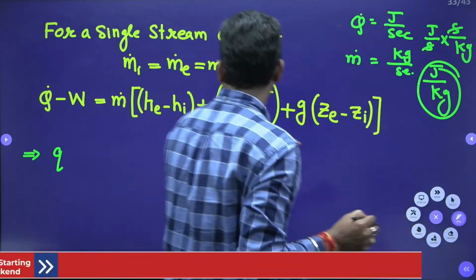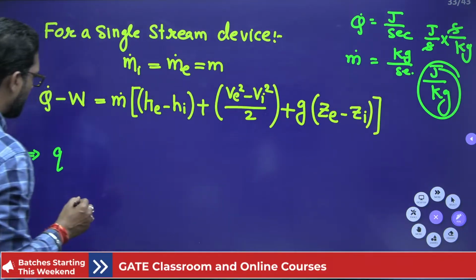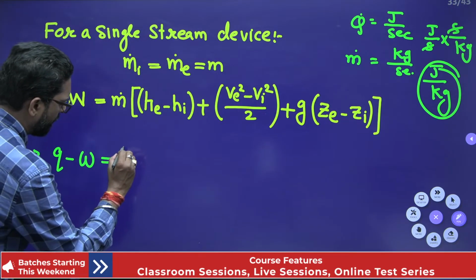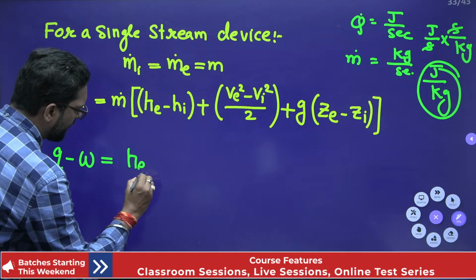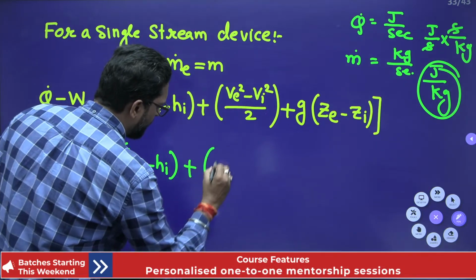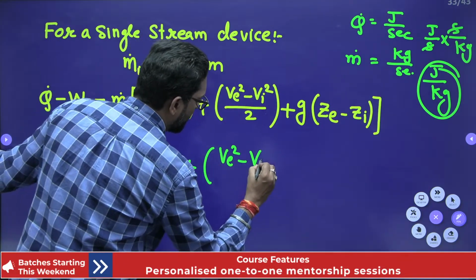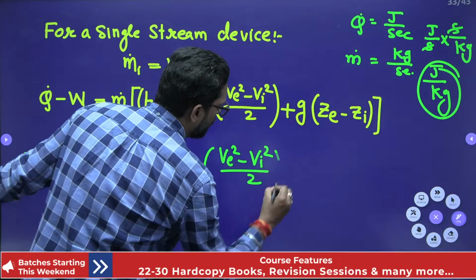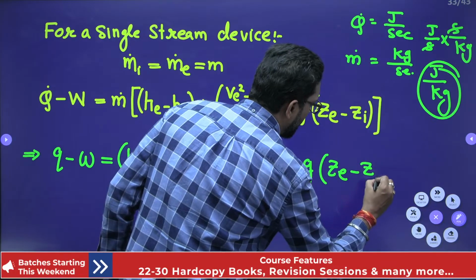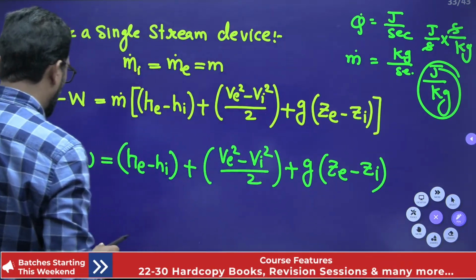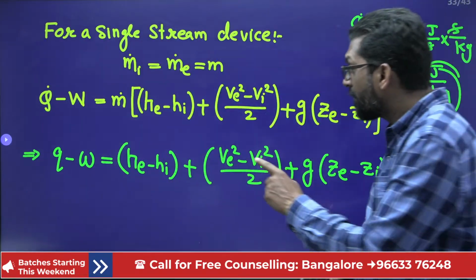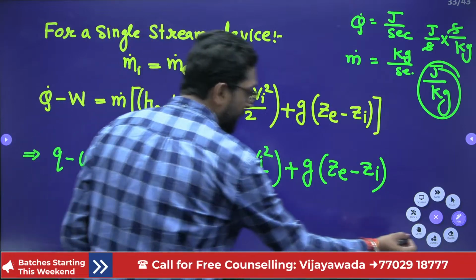So q minus w is equal to he minus hi plus (Ve square minus Vi square) by 2 plus g(Ze minus Zi). This is the energy in the form of joule per kg, that means specific energy. This is very important.